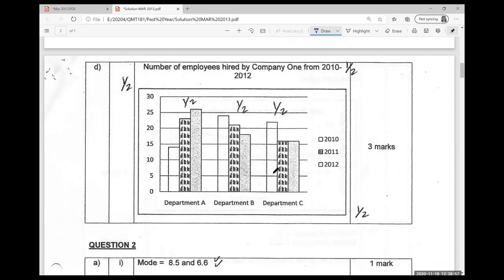That is one example of how you comment, or you can give any comment that is relevant to the graph that you have obtained. Okay, so this is the answer for the graphing techniques.